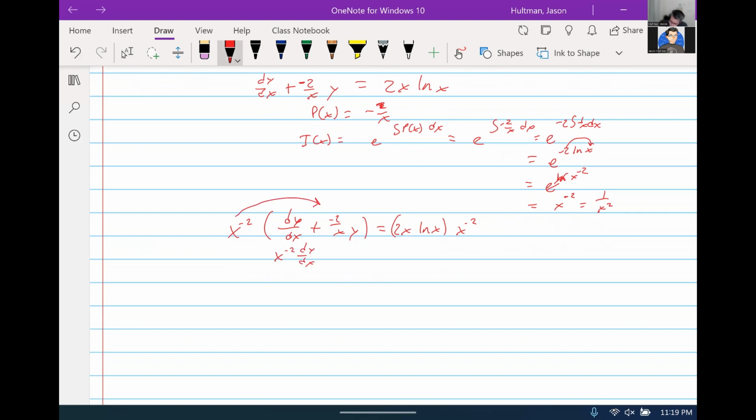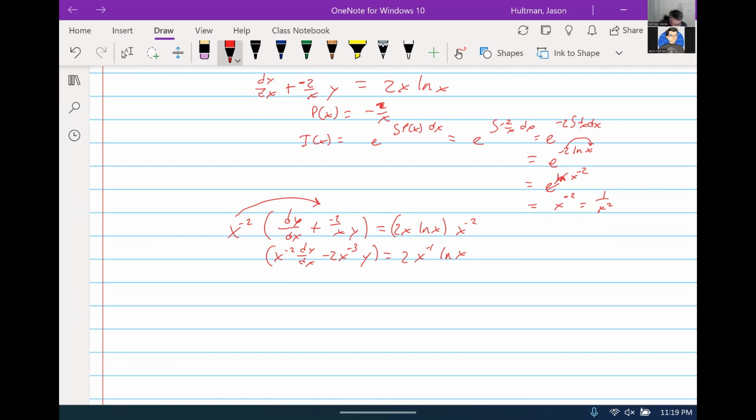If I distribute, that becomes x to the -2 x to the -3, which is nice because that is actually the derivative of x to the -2. Perfect. y equals, this is going to become 2x to the -1st power natural log of x.